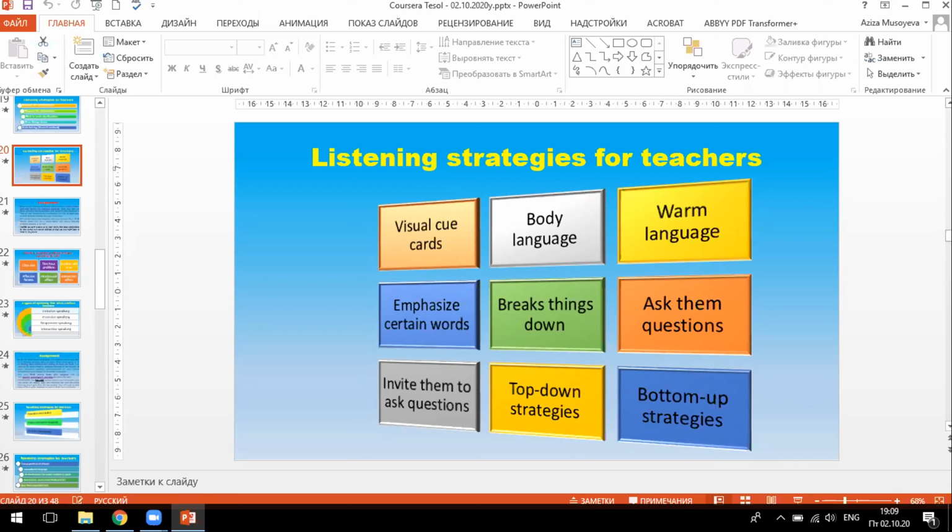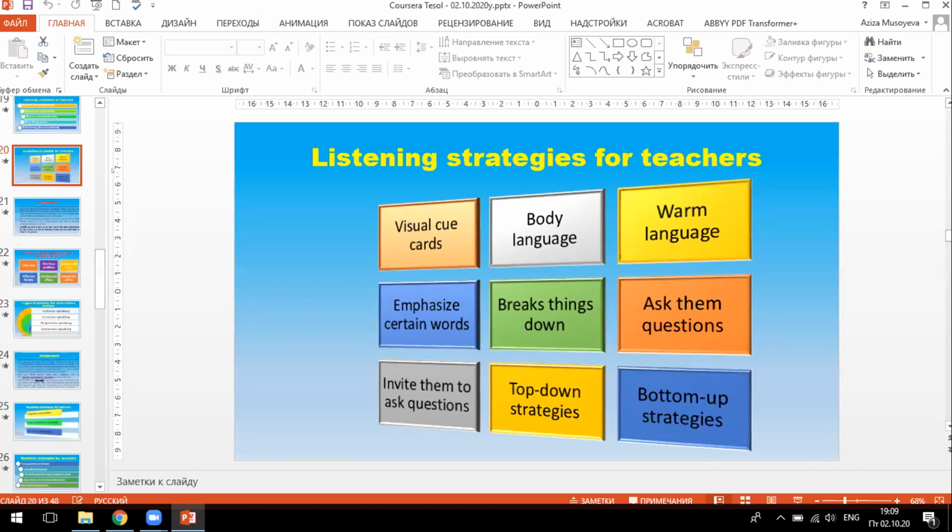But bottom-up strategies refer to paying close attention to gestures, tone, particular features of the speaker's attitude. You can ask them to notice the details, to notice the correct accent, and others.